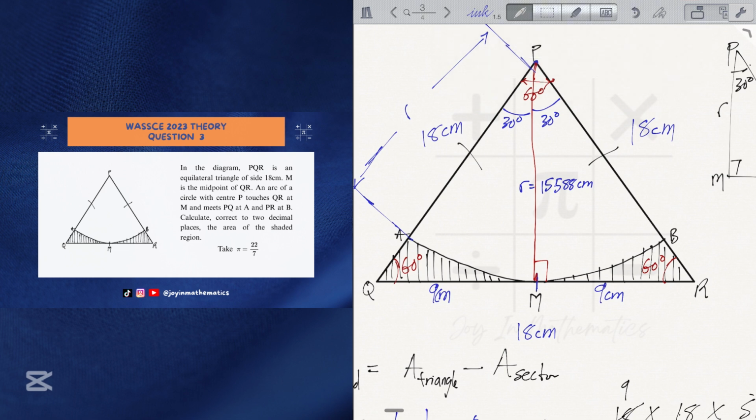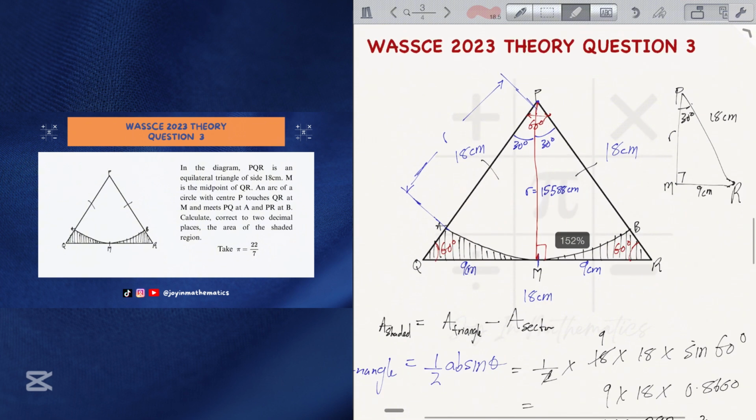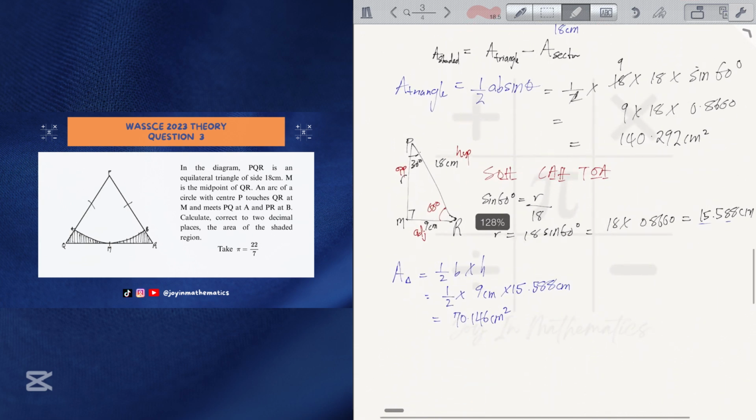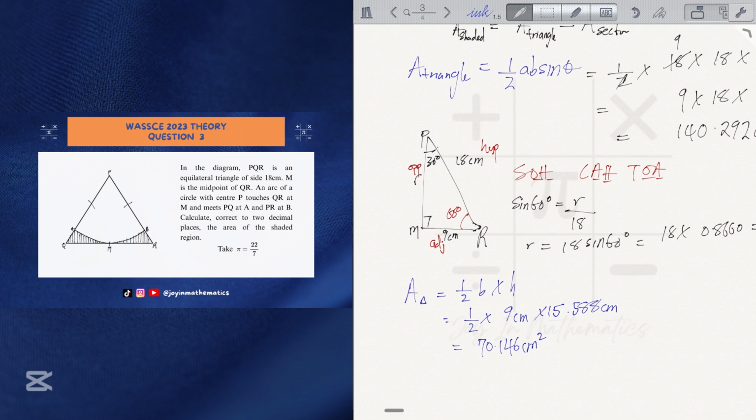Now we'll notice something interesting, that this triangle is equivalent to this triangle, like similar triangles. They are equal in nature. So if they are equal in nature, therefore we will just multiply them together to have the total area. Remember, let's change this to pen. This is triangle PMR.